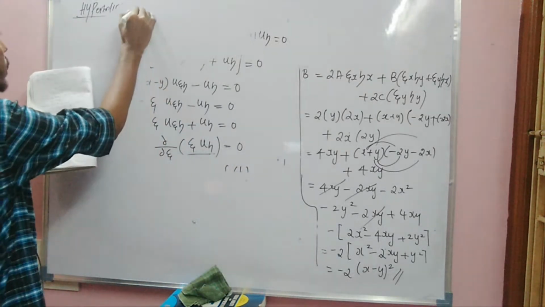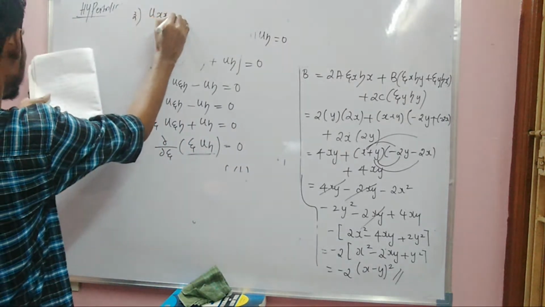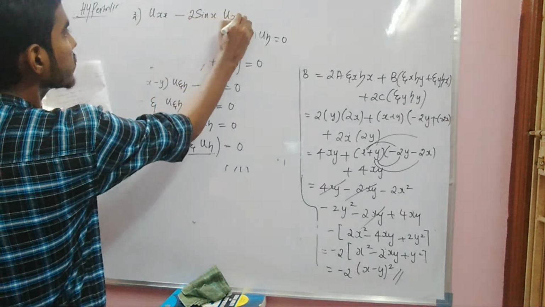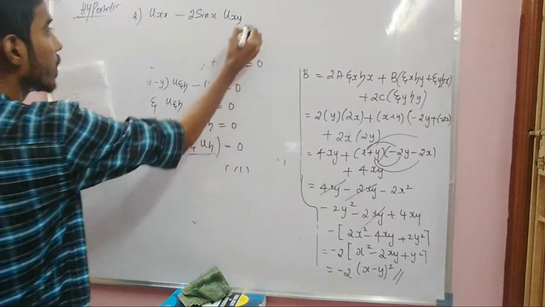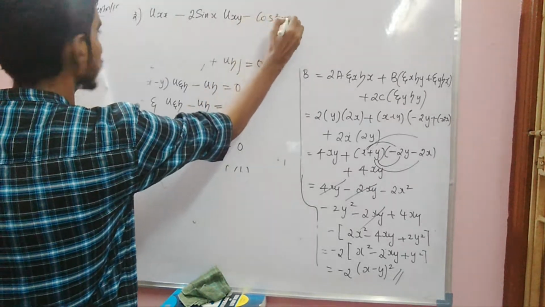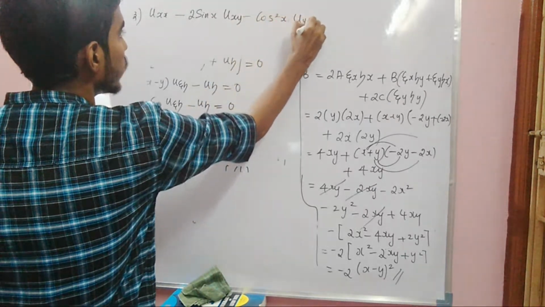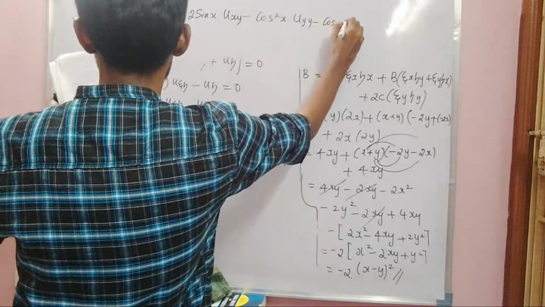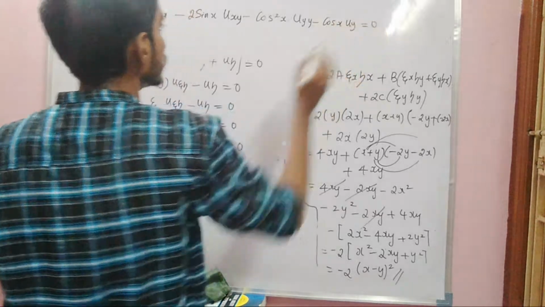The third problem is uxx minus 2 sin x uxy minus cos square x uyy minus cos x uy equal to 0.